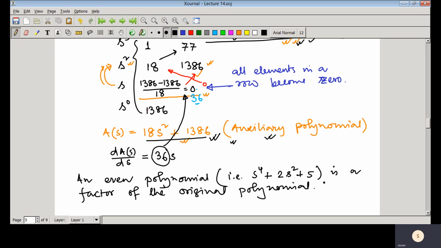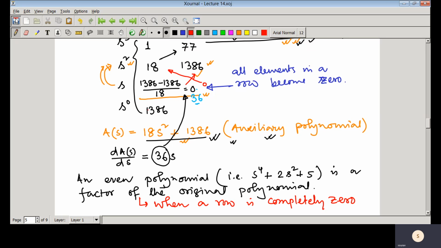So here, when a row of a Routh table is completely 0, then an even polynomial is a factor of the original polynomial.